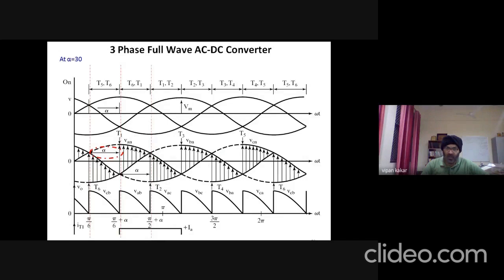So here 6 and 1 are conducting, it is fixed. So the voltage at the load will be VAN minus VBN, which is this. So VAN minus VBN will be the voltage at the output, which is the shaded part.